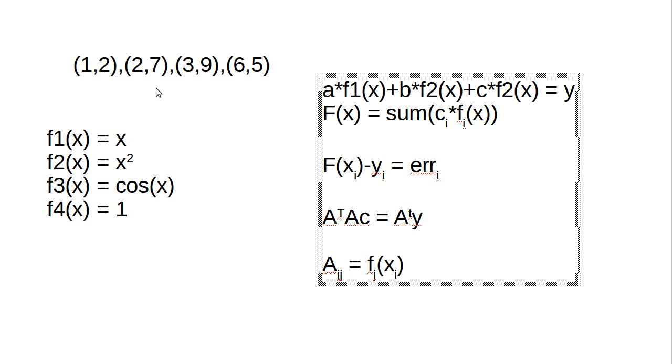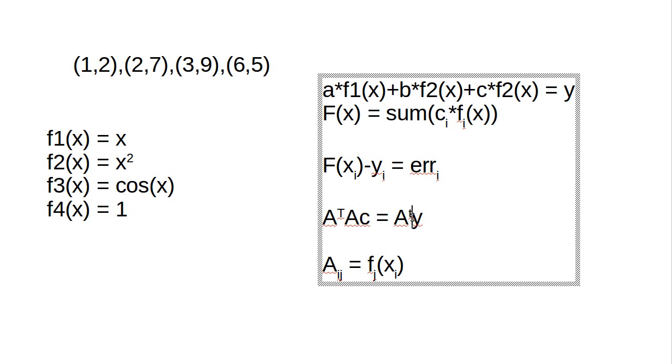So each column in A corresponds to a different function, and each row is for a different value of i. And so generally A itself is very non-square. As I said, we might have like 400 points for 4 equations. So in that case, it would have 4 columns for the 4 different equations, and then 400 rows for the different points. Note that y also has 400 rows because we have y values for every one of those points, so that matches up nicely.